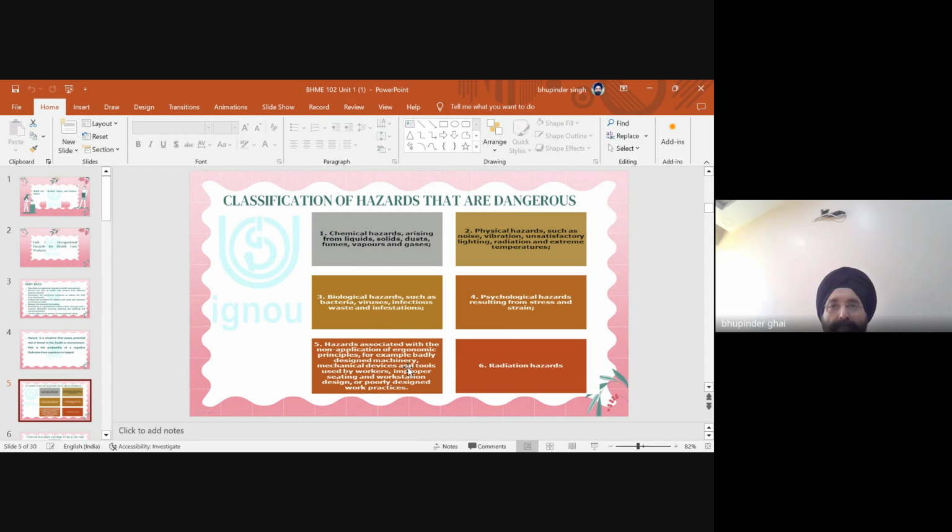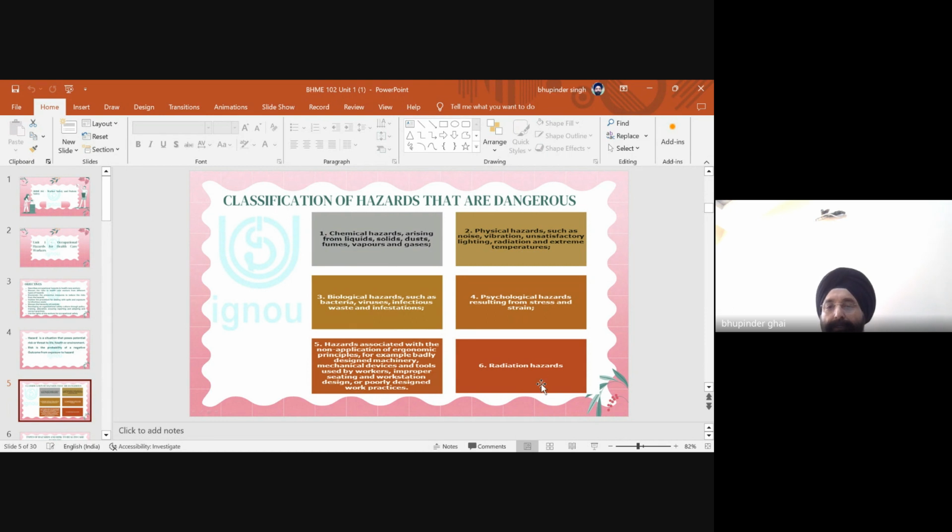So positioning of the machine, positioning of the table, height of the chair, these come under ergonomics. So this is also very important. If the workstation is not ergonomically proper, then it will cause hazard to the worker.